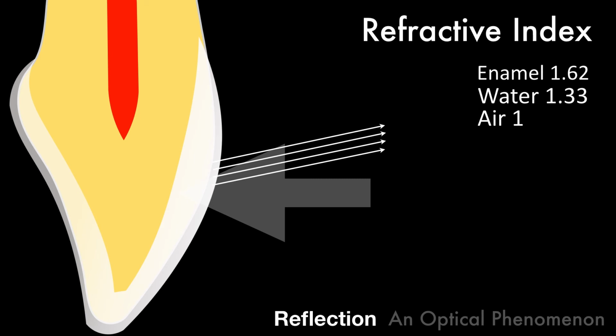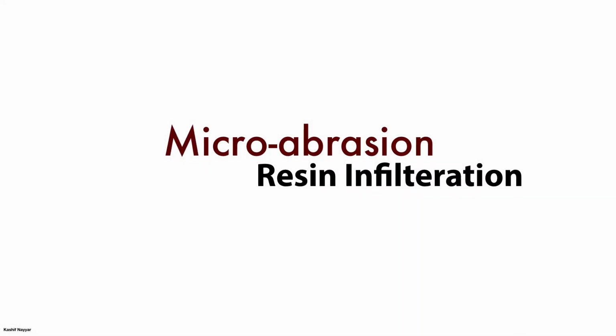So what we are doing in microabrasion and resin infiltration, which will be described in detail. Microabrasion involves the removal of a small amount of surface with just some abrasive particles.